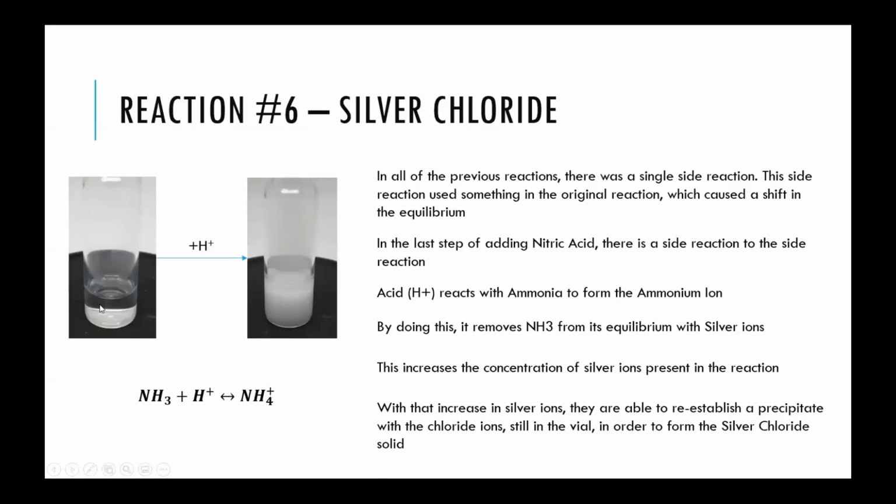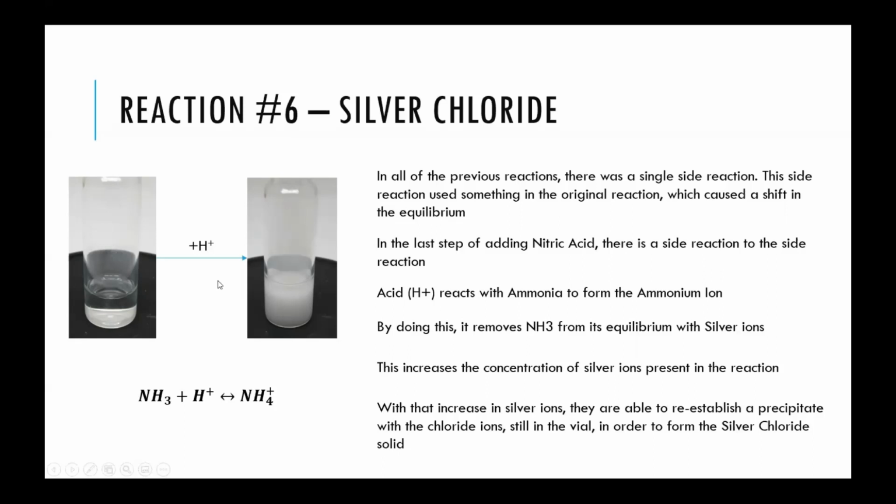That separate compound, that silver diamine, can continue to react, only this time by adding acid. Ammonia is a base, and by adding nitric acid, that H+ will react with the NH3 in this equilibrium, and it will form NH4+, the ammonium ion.